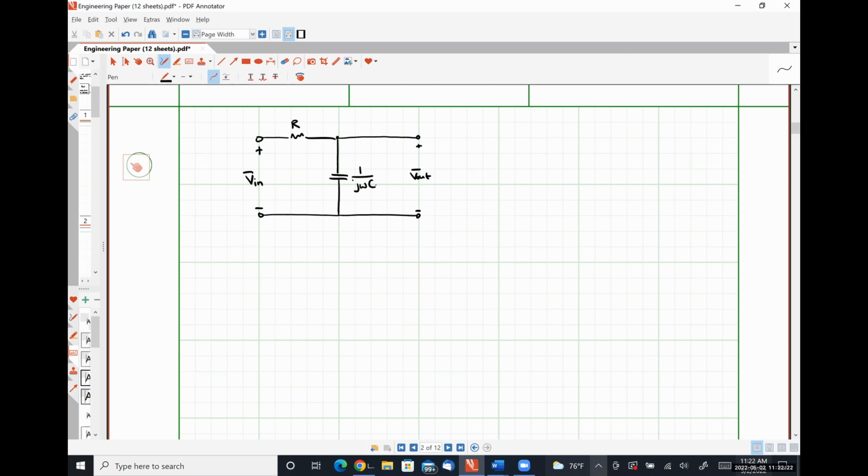Our goal is simply to determine the transfer function of this network and then use that information to determine what type of filter we have achieved. Okay, so how do I get my output voltage for this circuit?